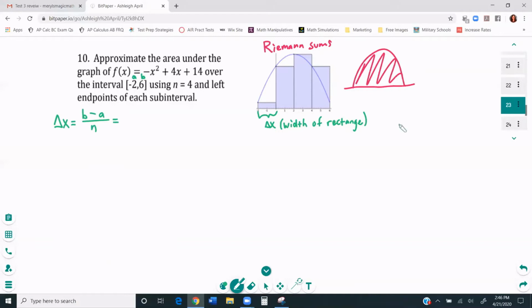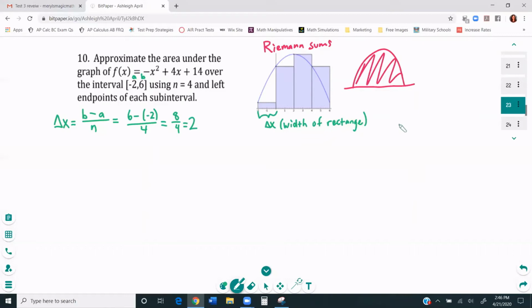For that one, it would be 6 minus negative 2, and there are 4 rectangles, so it'd be over 4. Remember, subtracting a negative is like adding a positive. So it'd be 8 over 4, which is 2.